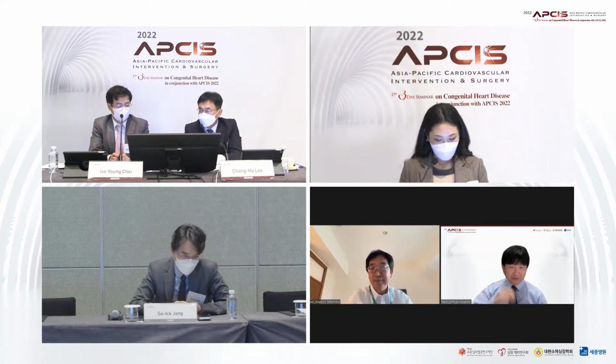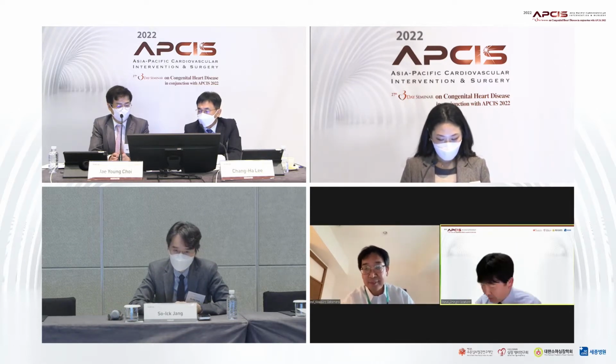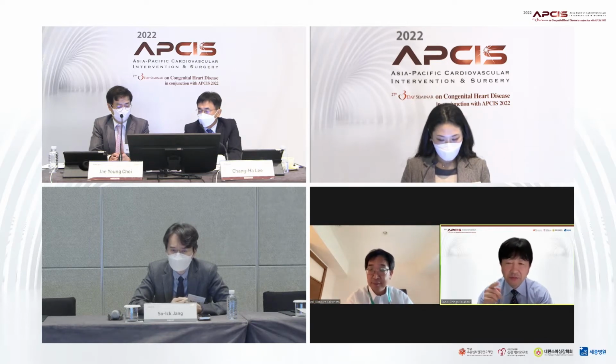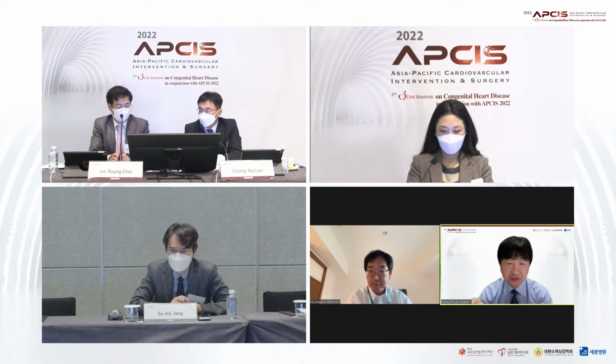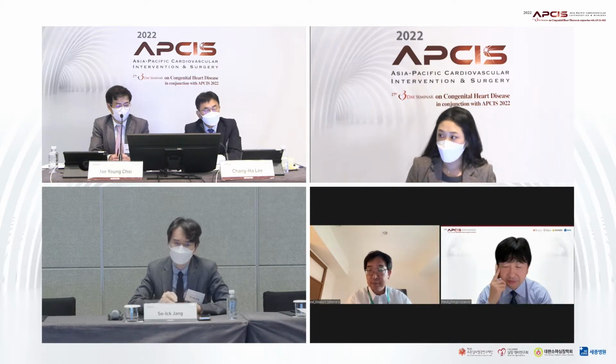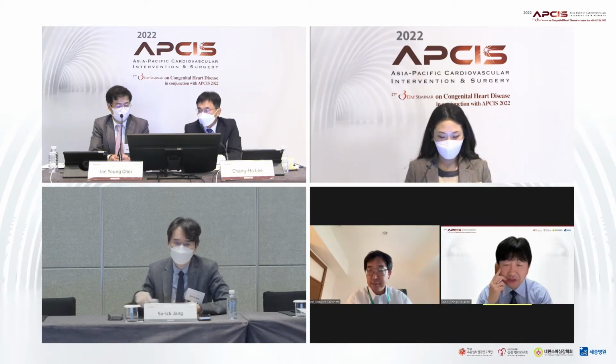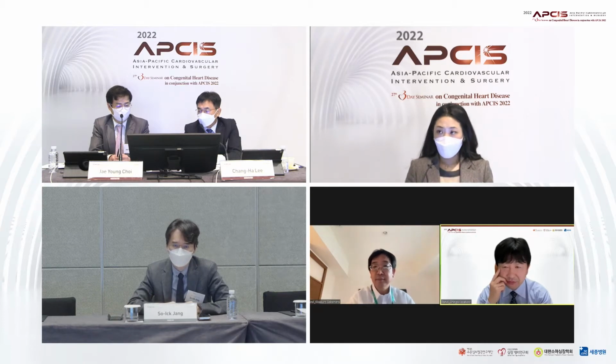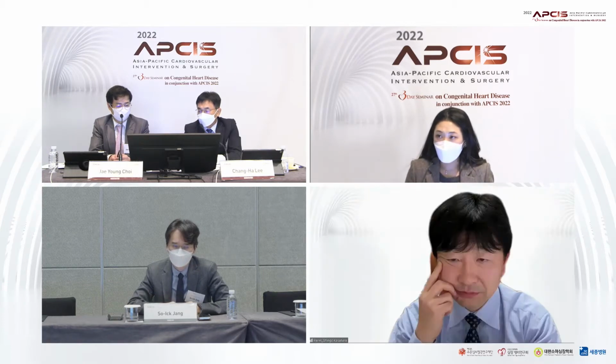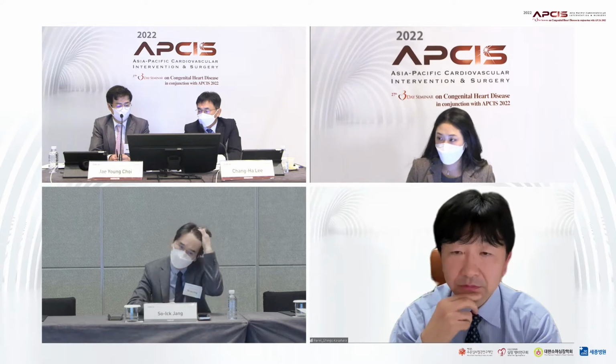Excuse me, can I ask a question on one thing? Did that patient have a PDA before the surgery? Not exactly. In the neonatal period, it was a relatively good pulmonary valve size, like pink TOF.